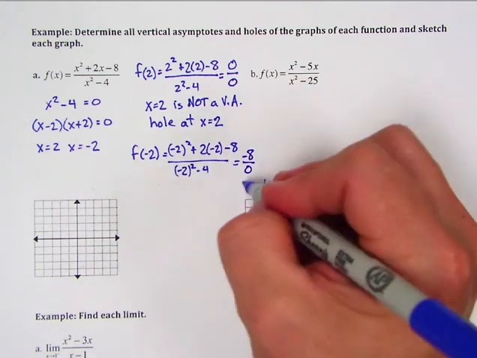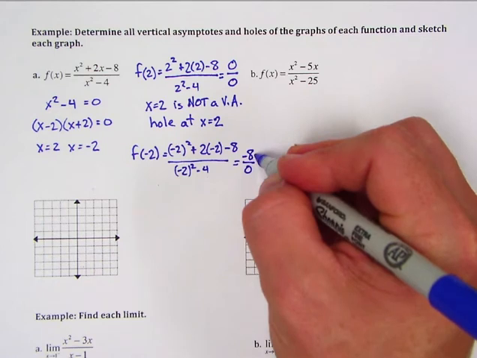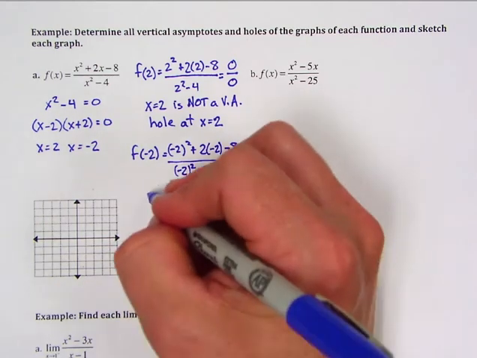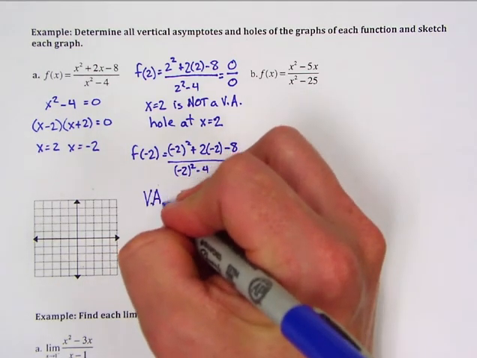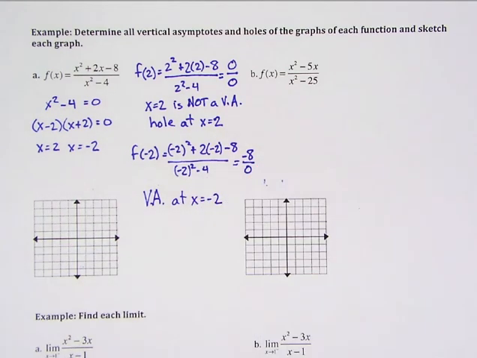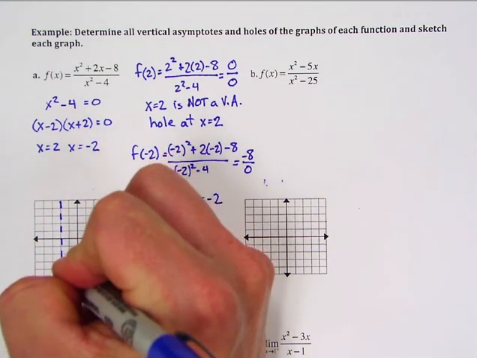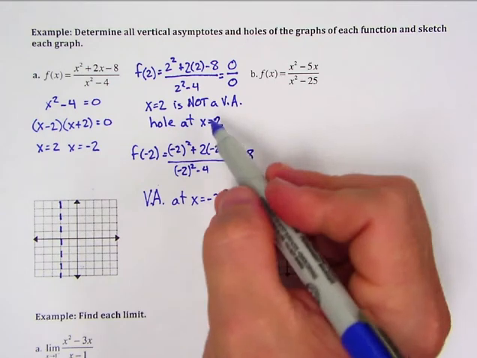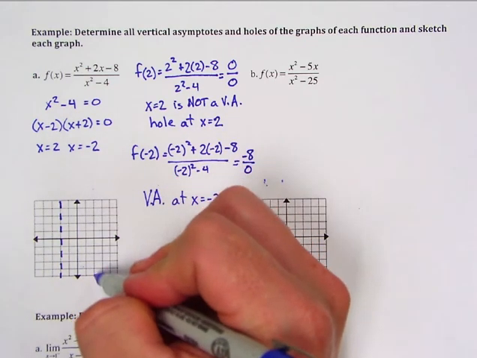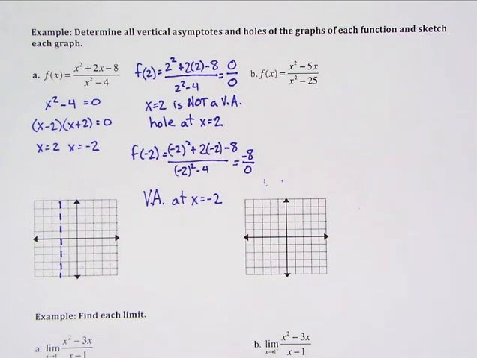So in this case, because we have 0 in the denominator and not 0 in the numerator, we do get a vertical asymptote at x equals negative 2. So we'll go ahead and draw that right there. And we know at x equals 2, wherever the graph is, there's going to be a hole. So let's go ahead and graph this.